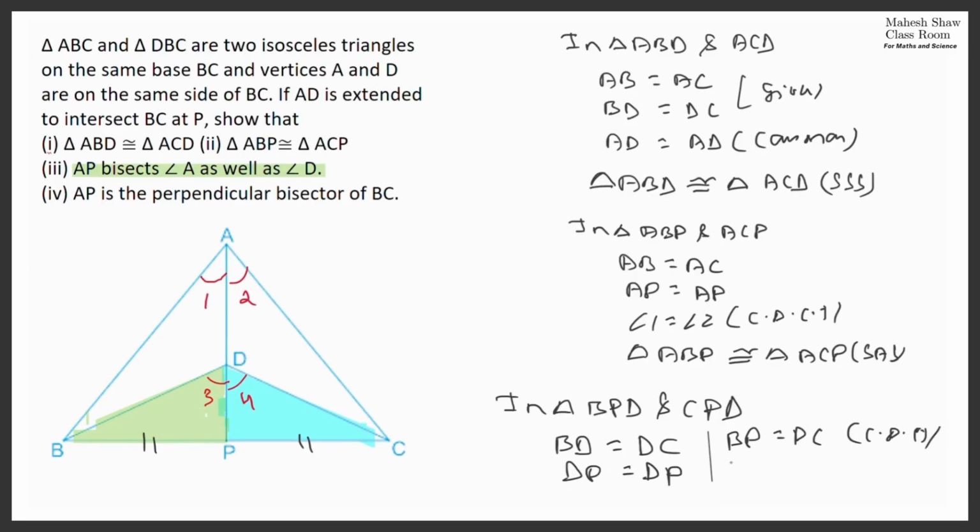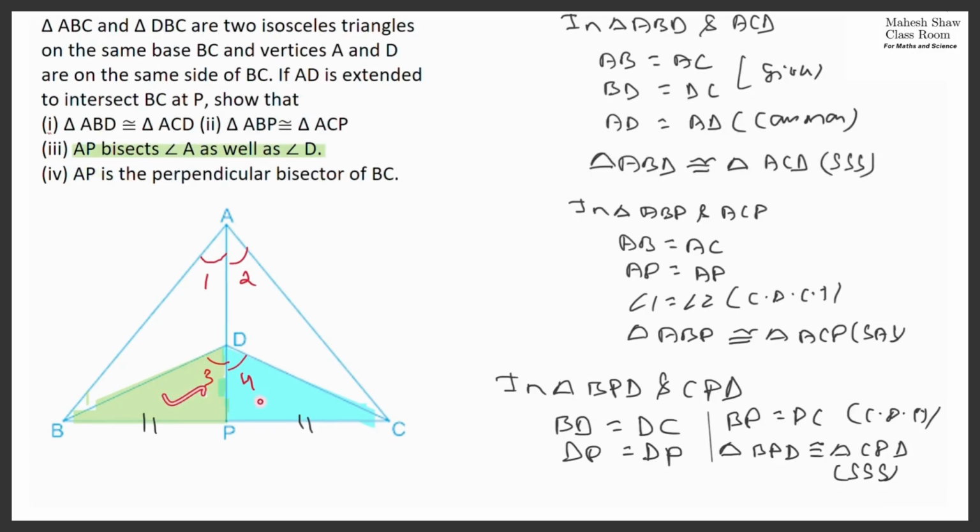And once we are done, we can straight away write the triangles being congruent, that is triangle BPD is congruent to triangle CPD. And this time it is congruent by SSS. So once these two triangles are congruent, we can write angle 3 is equal to angle 4, that's from CPCT.